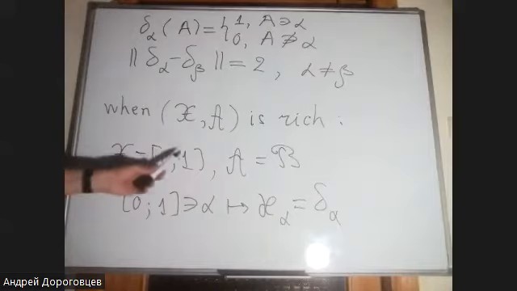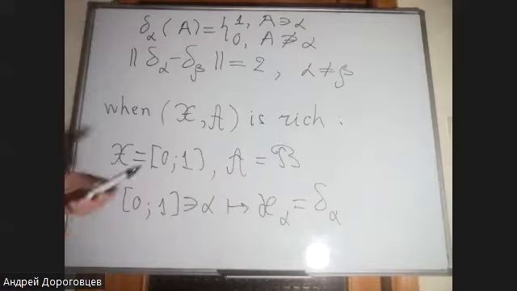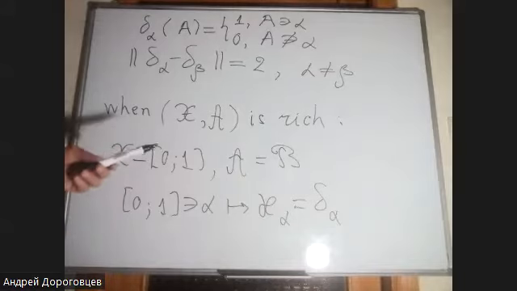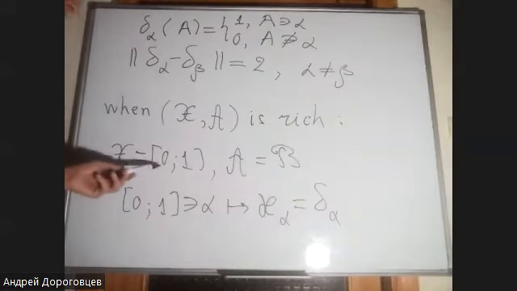By the way, in this case, when X is [0, 1], this space can be identified with the space of functions of bounded variation, again, bounded variation, starting from 0.